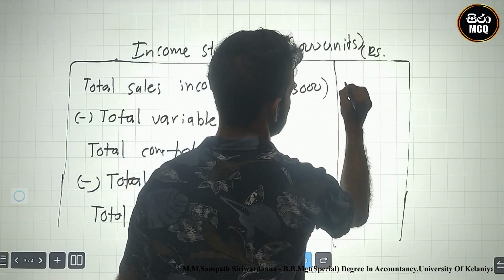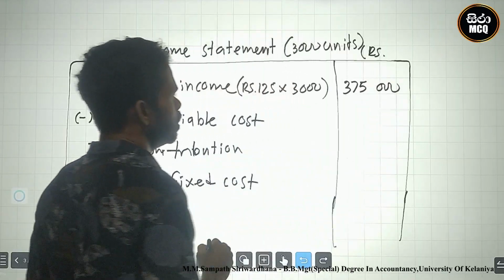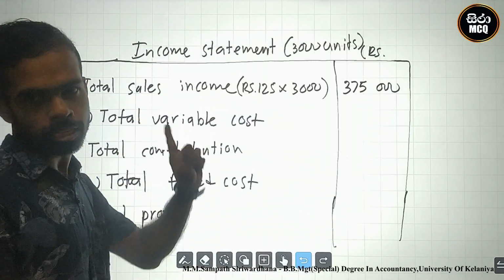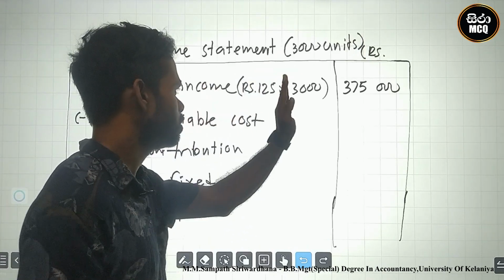Therefore, 375,000. This is unit selling price multiplied by 3,000 units.